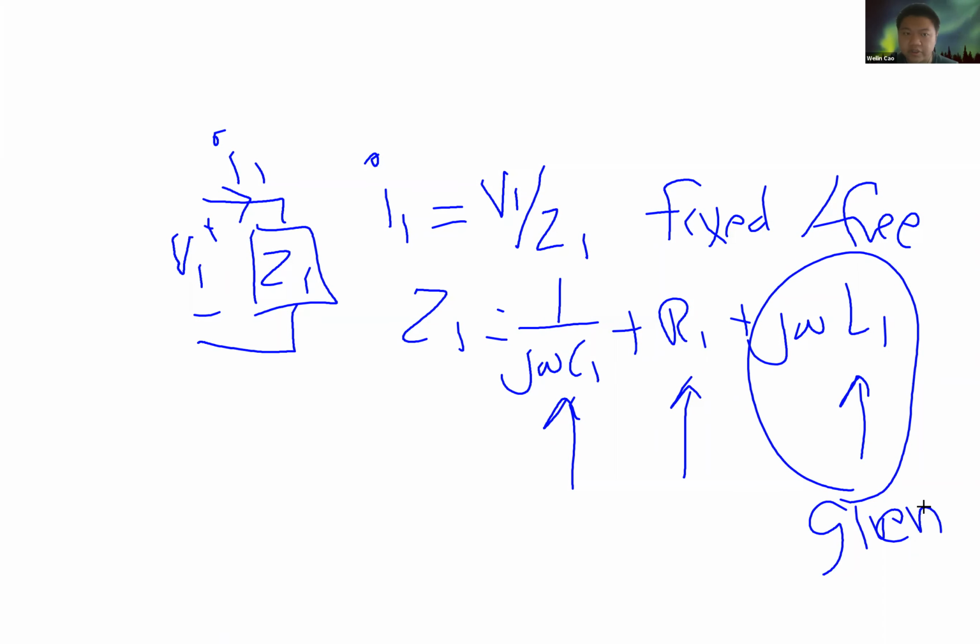R1 is also given, because you didn't put an extra R1 in there, okay? Because if you did, don't be an idiot, take it out, because it doesn't help. But you're given the coil, so you've been given R1 and L1. So where's the free variable here? C. C, okay.